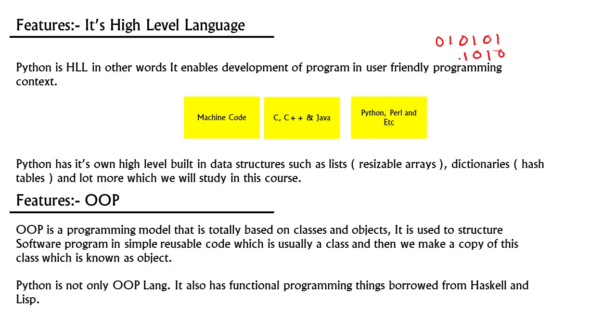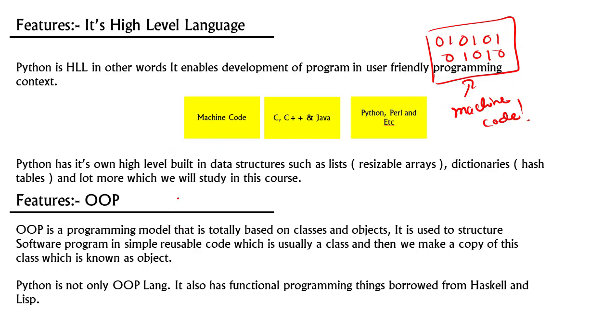But it is very hard, almost impossible, to write complex binary codes, and it's not user friendly. These are called machine code, which is the binary code. So when programming started, these binary codes were being used. Okay, so these are the machine code.